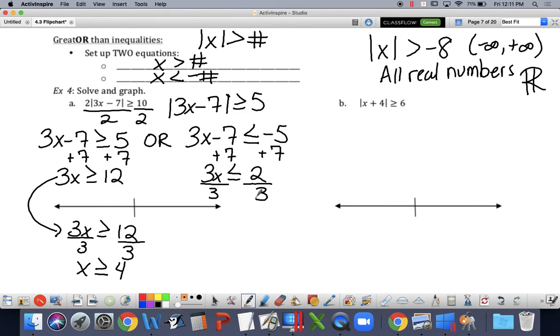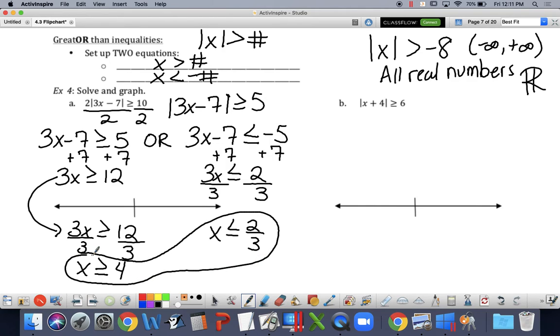Divide by 3. I get x is less than or equal to 2/3. So your answer is both of these things here with the word or in between. I know I could have written that a little bit prettier, but that is what your answer is.